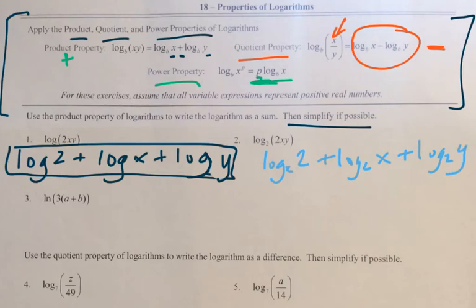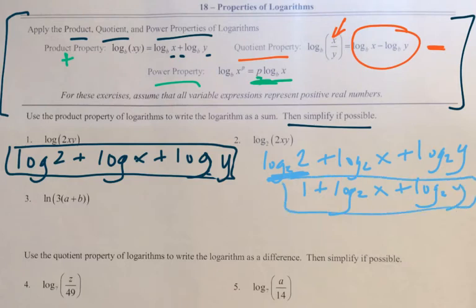Now, log base 2 of 2, 2 to what exponent gives me 2? Or the number itself, this is one of our basic log properties, so this can actually simplify to be 1. Okay, so I end up having 1 plus log base 2 of x plus log base 2 of y. And that is fully simplified.